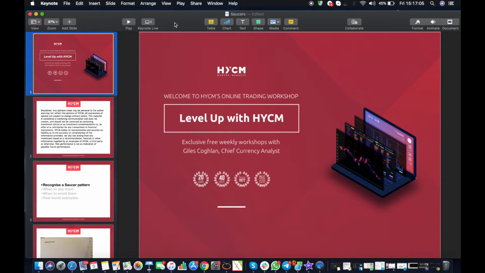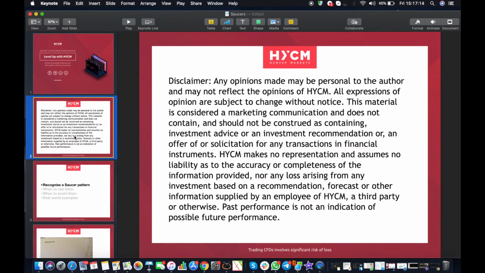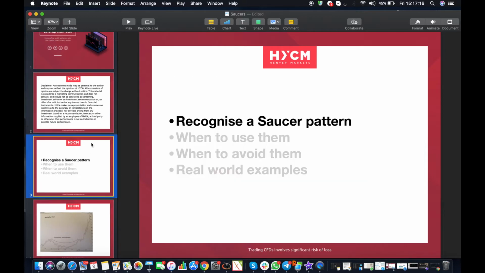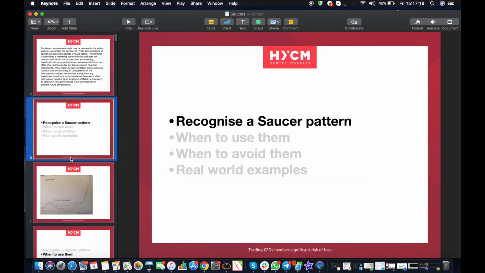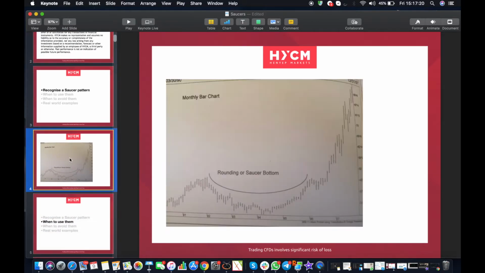In this video, we're going to look at how to recognize the saucer pattern and V-shaped reversal patterns. So the first thing we need to look at is how to actually recognize a saucer pattern. Well, the saucer pattern tends to show this rounding shape that looks a little bit like this.